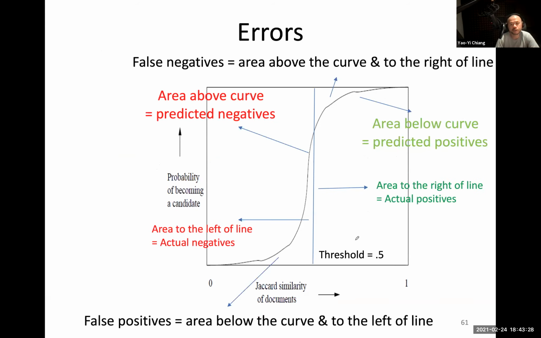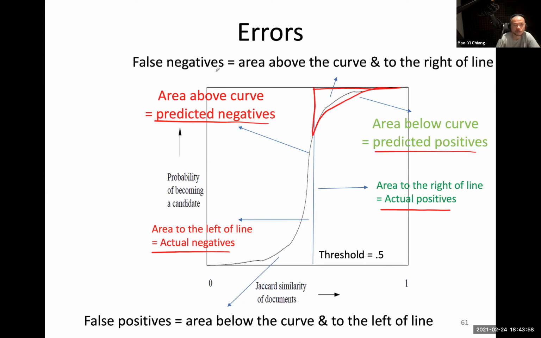If you put these two together: area below the curve, predicted positive; above the curve, predicted negatives. Area to the right of the line are the actual positives; to the left of the line are actual negatives. Then where are your false positives and false negatives? Well, here, right? To the right means you are positive, but you were not selected as a candidate.